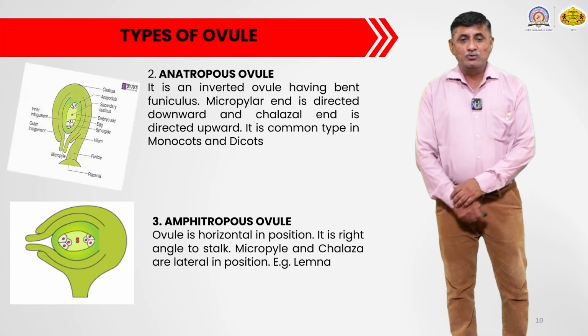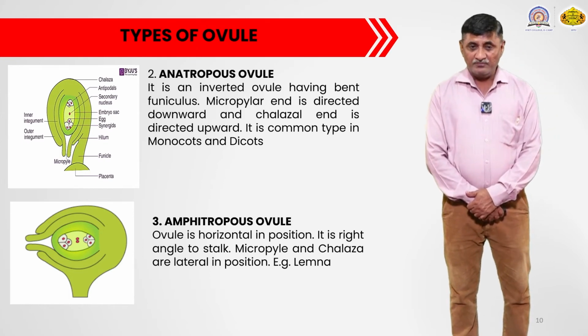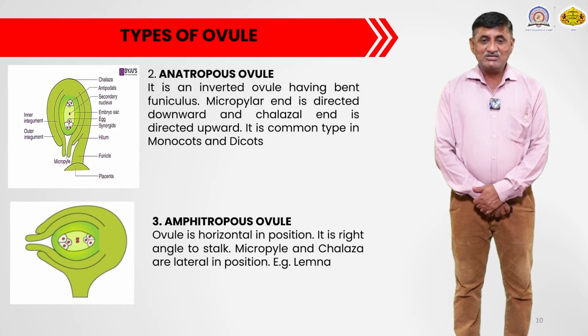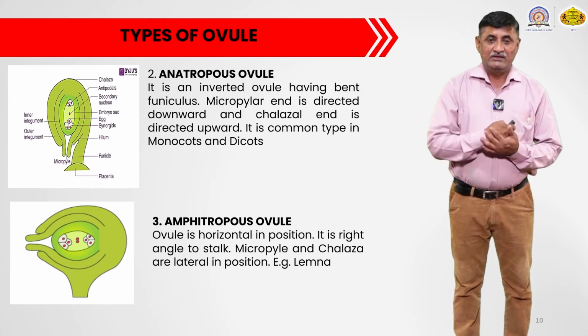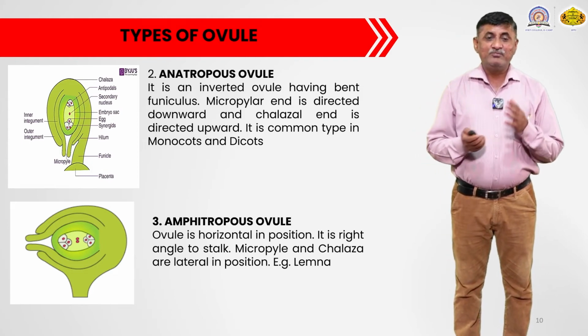The next type of ovule is considered the anatropous ovule. What happened? The orthotropous ovule just gets inverted. So this is an inverted ovule having a bent funicle.